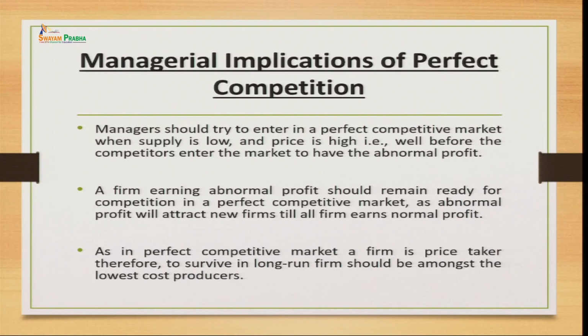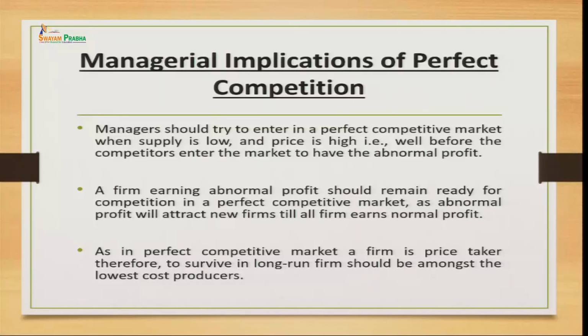The first point says that managers of these firms should be capable of entering as early as they can into this market. If you are an early entrant, taking the first mover advantage to enter into this perfect competitive market, then you will be able to generate more profit.